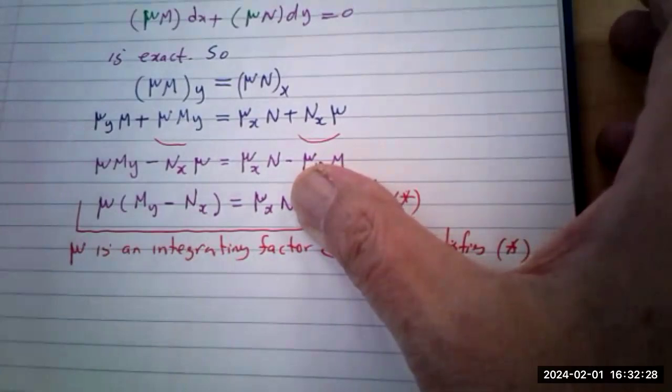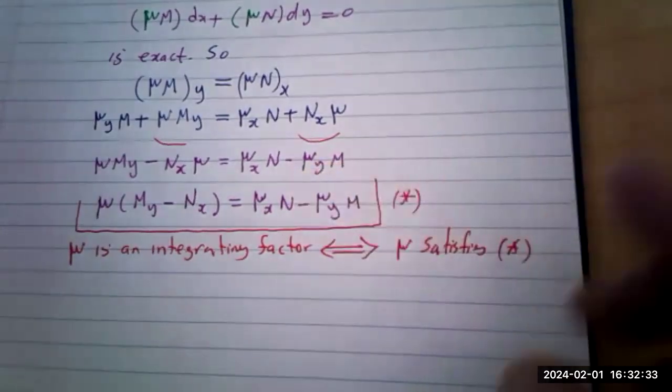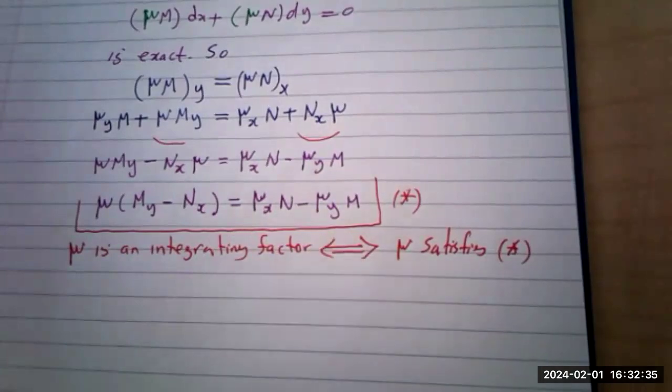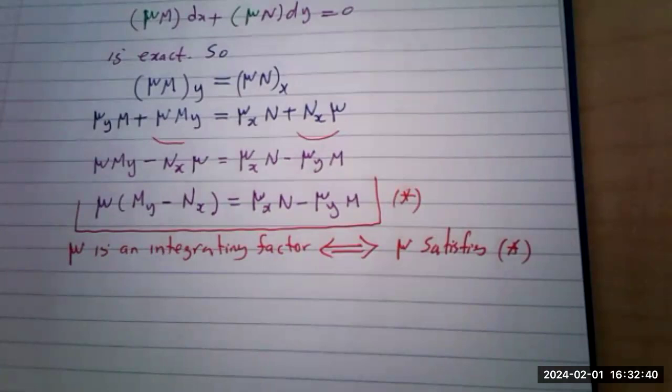No, you have to impose a condition on mu so that mu sub x would be mu prime and mu sub y would be 0. Your function is a function of two variables, x and y. You want the derivative of that function with respect to y to be 0, and the partial derivative with respect to x to be the derivative, mu prime.